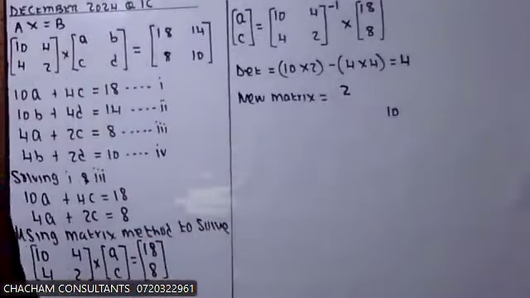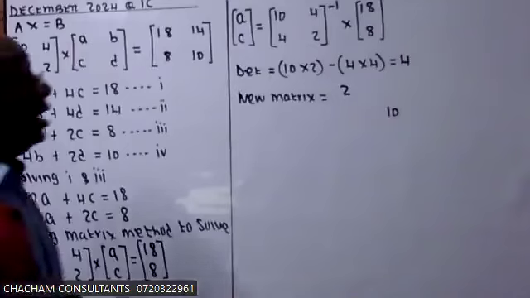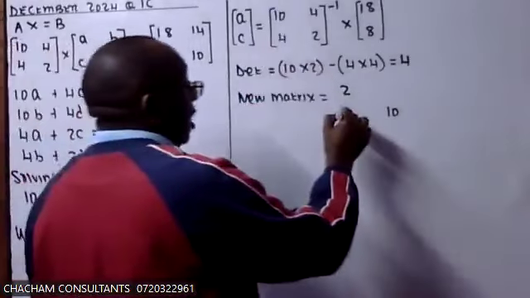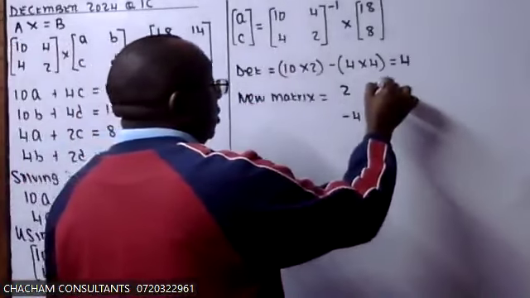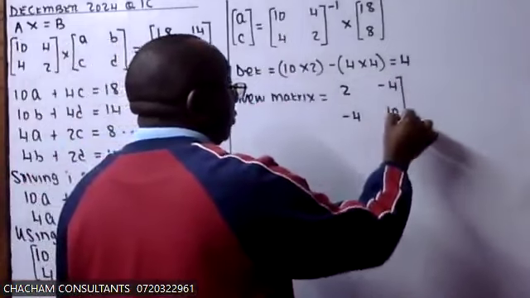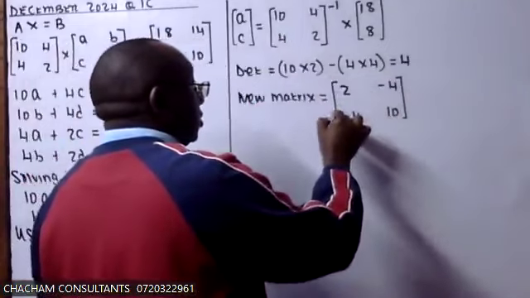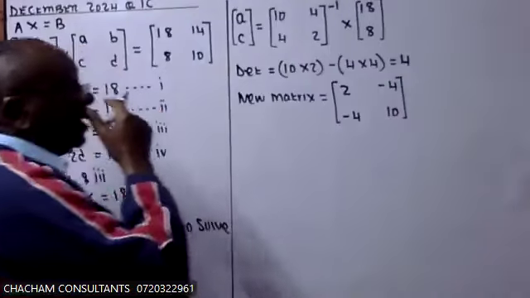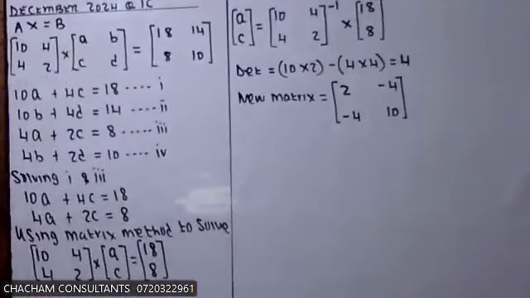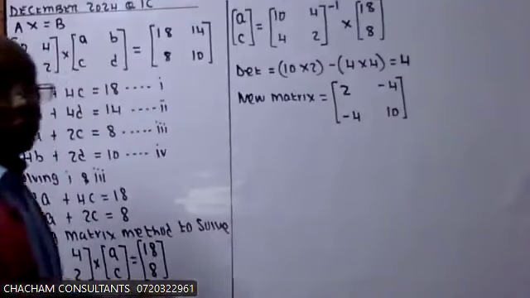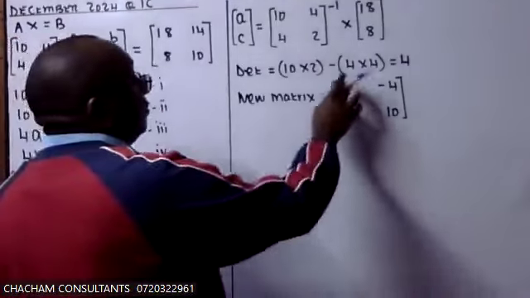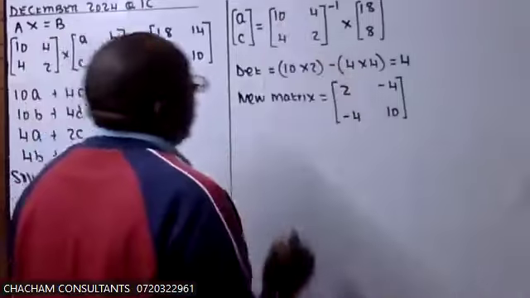Then you change these signs, so this becomes -4 and this becomes -4. That's what we call the new matrix. So with this one, we have the values required to get the inverse.